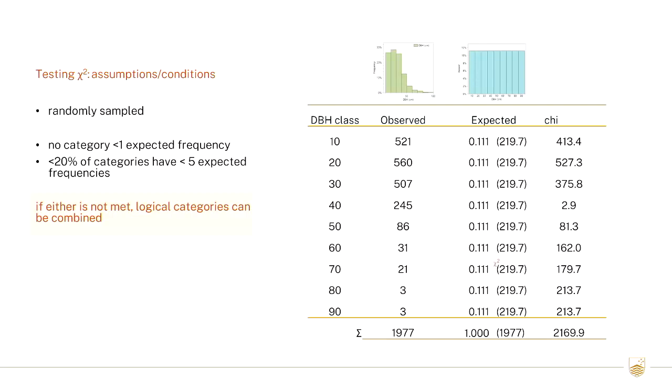So if we don't have enough expected values here in our 90 centimetre class, we can combine 80 and 90 and call it greater than 80. We can do that, but it must be logical, and in biology and ecology, it must make ecological or biological sense. It can't just be some random pairing.